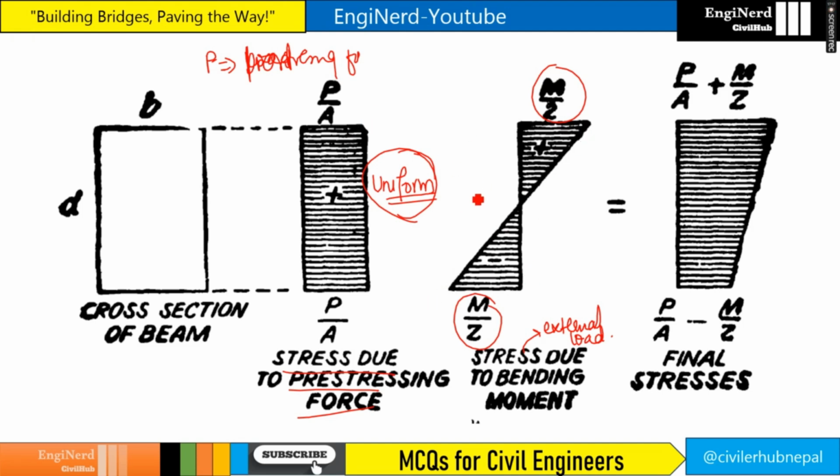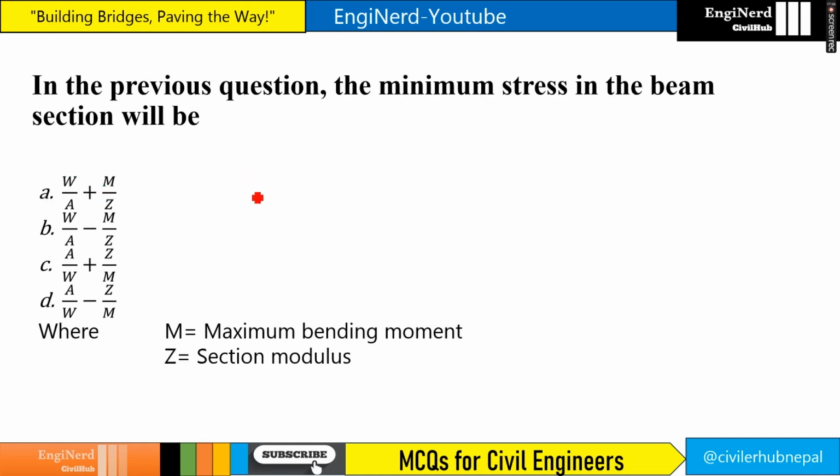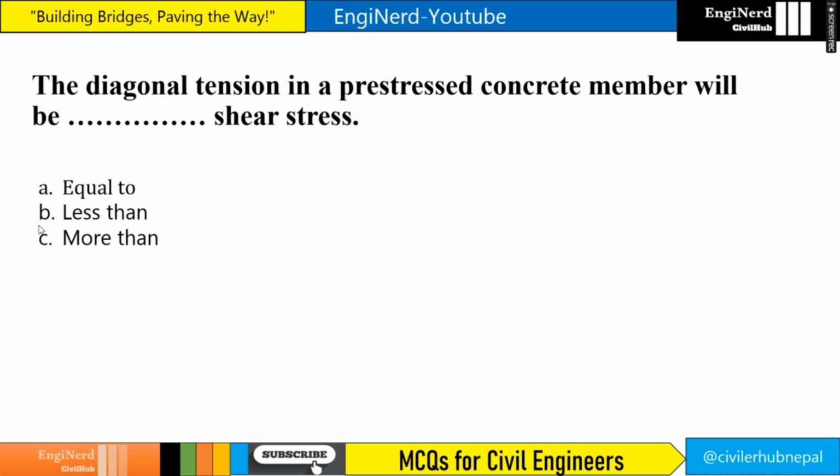If we add this and this, we will get P by A plus M by Z, here maximum, and here minimum P by A minus M by Z. In this case, it is asked for the maximum, so in the case of P, it's W, right? W by A plus M by Z. Similarly, in the previous question, if you are asked for the minimum stress, our answer will be W by A minus M by Z.